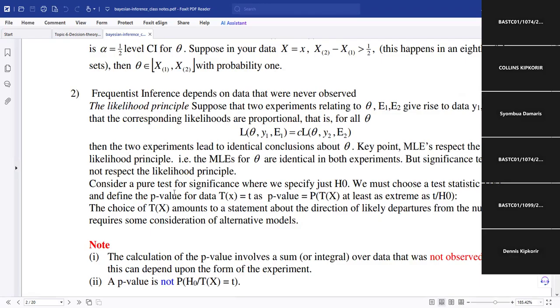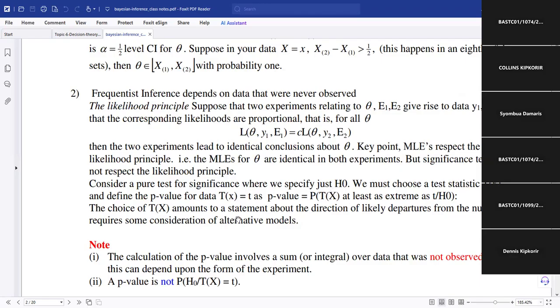Considering a pure test for significance, where we specify just the null hypothesis, we must choose a test statistic T(x) and define the p-value for T(x) equal to t. That is the probability that the test statistic is at least as extreme as what is indicated under the null hypothesis.